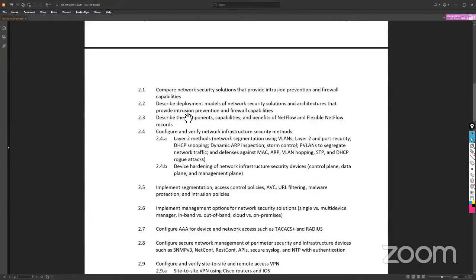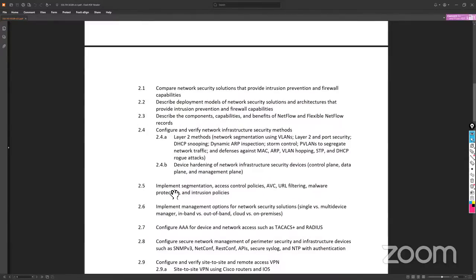For these configure and implement sections, you should know what the feature is and what it's trying to do at a theoretical level, and also how to configure it. That's how you interpret the blueprint.